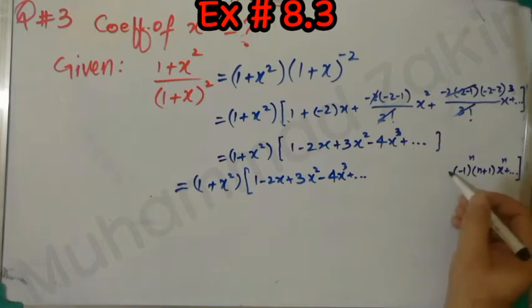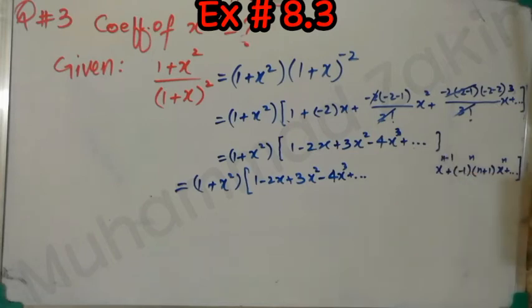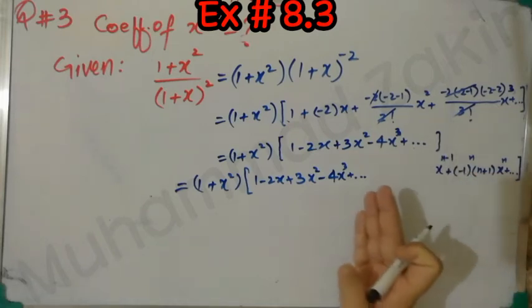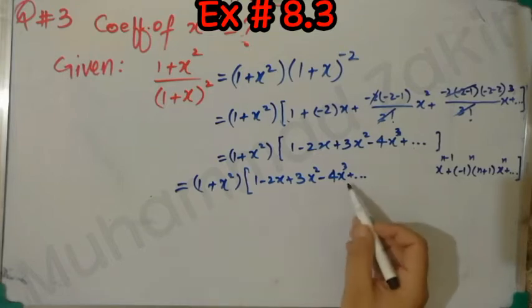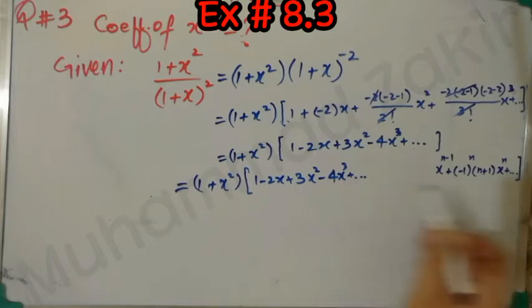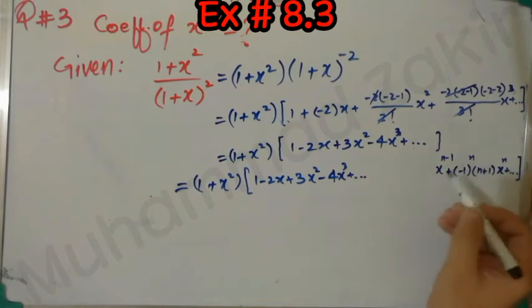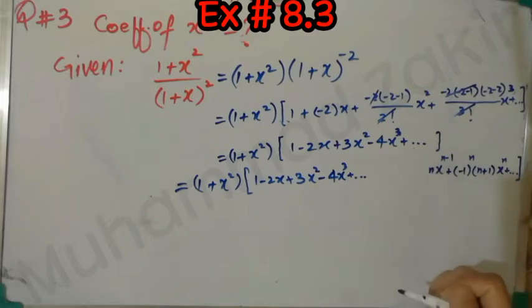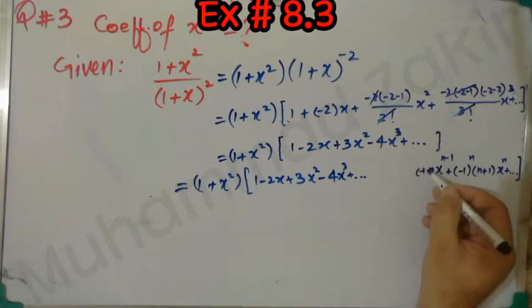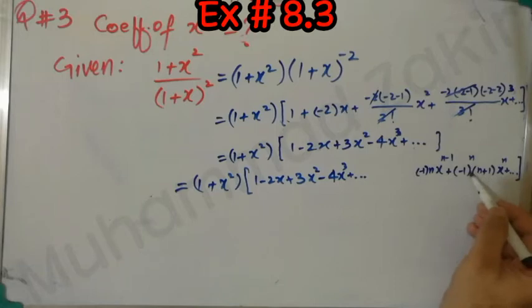We write one previous term from it, x power n minus 1. As we move from right to left, we can see that the power reduces: 3, 2, 1. This power is n, so this power will reduce to n minus 1. The coefficient is 1 greater than this, which is n, and minus 1 power is the same as the power of x.